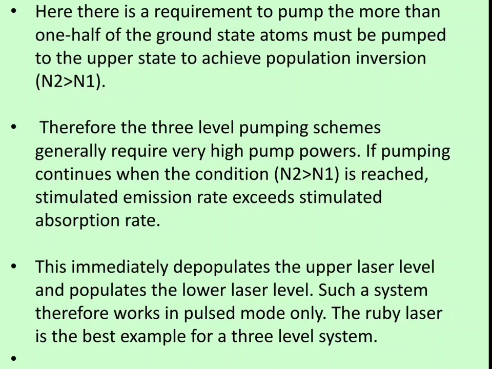As lasing starts, the population in the ground state increases. As a result, it is possible that the photons emitted by stimulated emission are reabsorbed. So these are some drawbacks of the 3 energy level scheme. That's why the 4 energy level scheme is better as compared with the 3 energy level scheme.